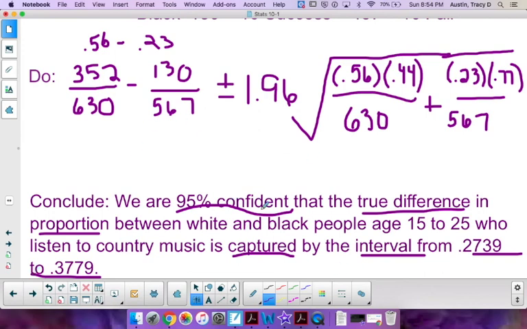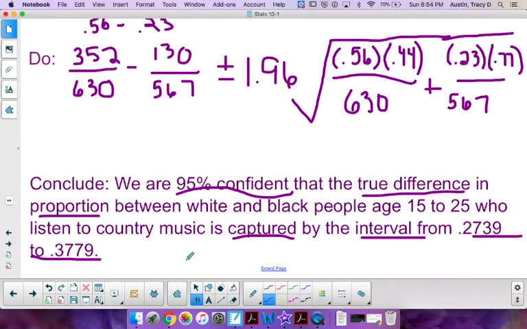So mine: we're 95% confident that the true difference in proportion between white and black people aged 15 to 25 who listen to country music is captured by the interval from 0.2739 to 0.3779. So that would be it.